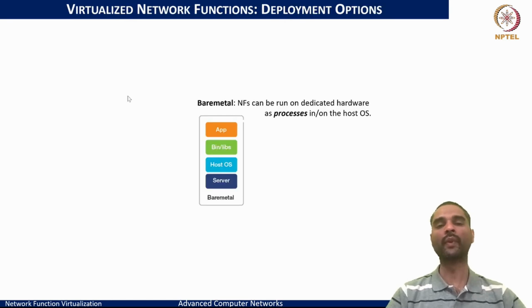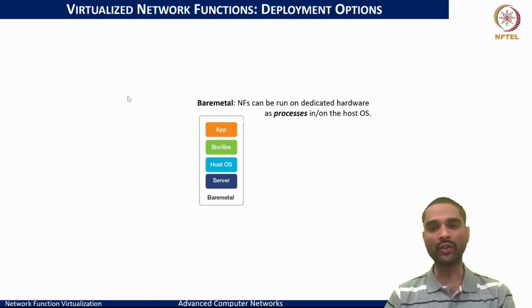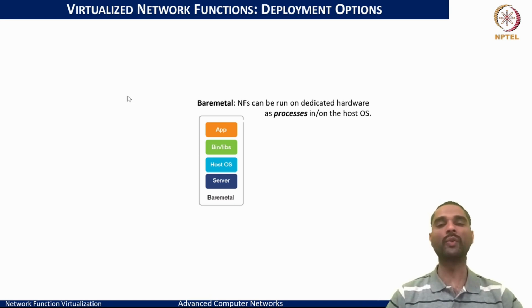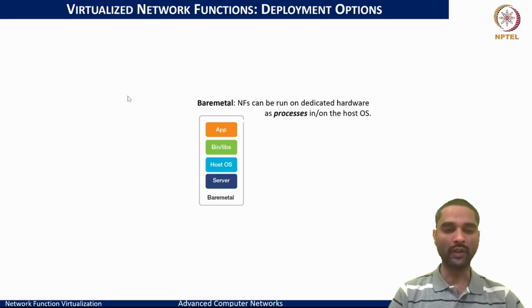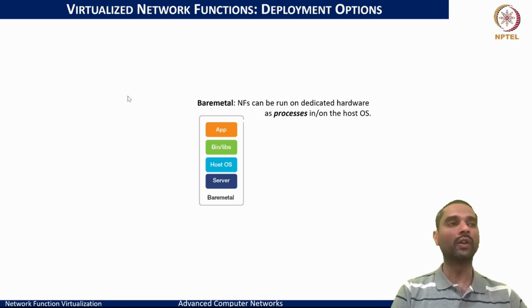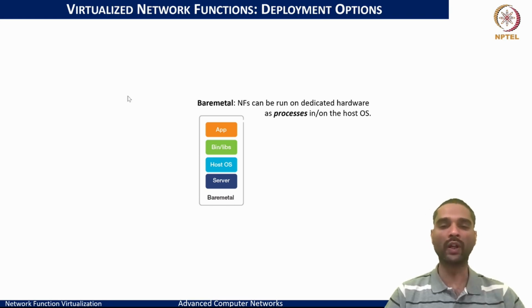So now when we see these network functions, the next immediate question would be, how do we deploy them? What we started with earlier was dedicated hardware. Now we want to get rid of these dedicated hardware and run on top of commodity hardware.